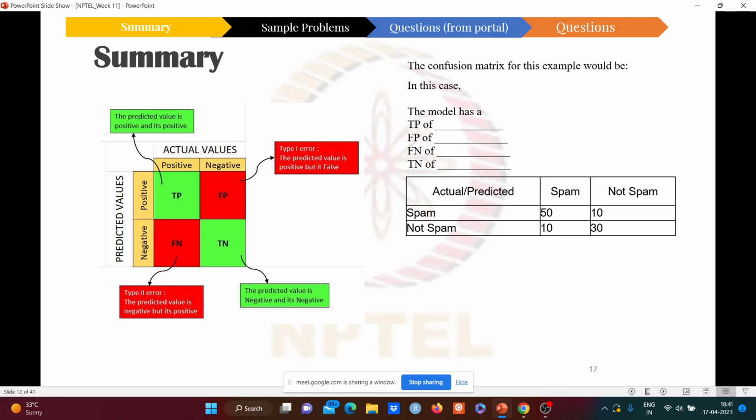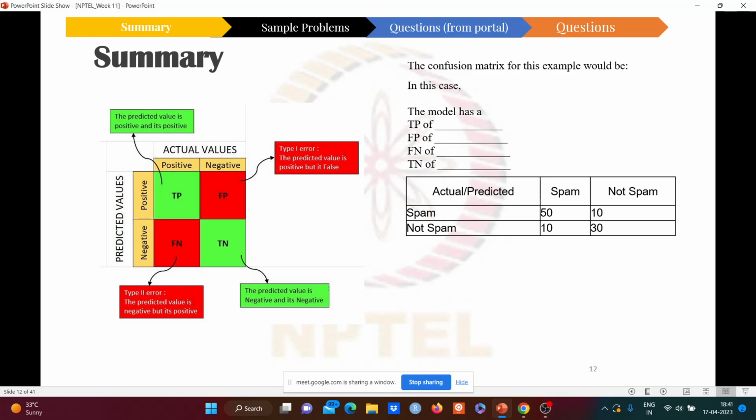Confusion matrix also provides valuable information into the performance of a classification model. So it can be used to calculate various performance metrics such as accuracy, precision, recall, and other scores, which I'll be discussing in the next slide once we solve this problem and move forward.